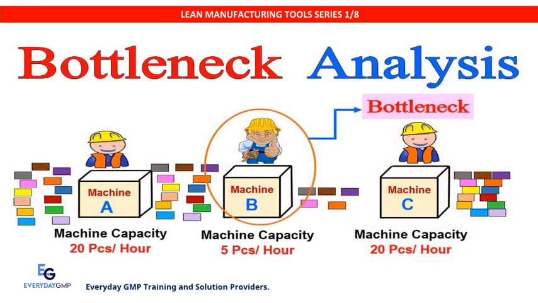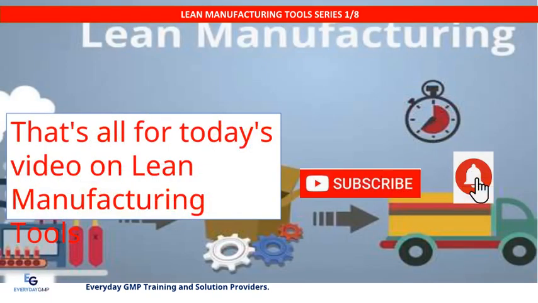The importance of identifying and addressing bottlenecks in lean manufacturing cannot be overstated. Here's why it's crucial: efficiency optimization, reduced lead times, resource utilization, cost reduction, improved quality, better decision making, enhanced flexibility, continuous improvement. That's all for today's video on lean manufacturing tools.